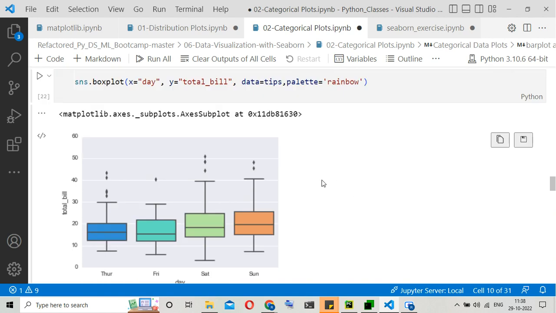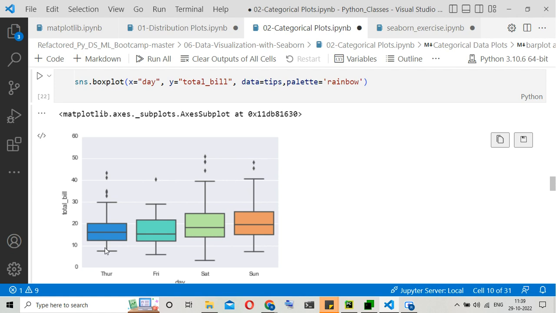Similarly, the box plot, if you remember, we talked about the box plot: this midline is the median, then the third quartile and first quartile, and min and max, and these are some outliers, the top ones. And these are very helpful.